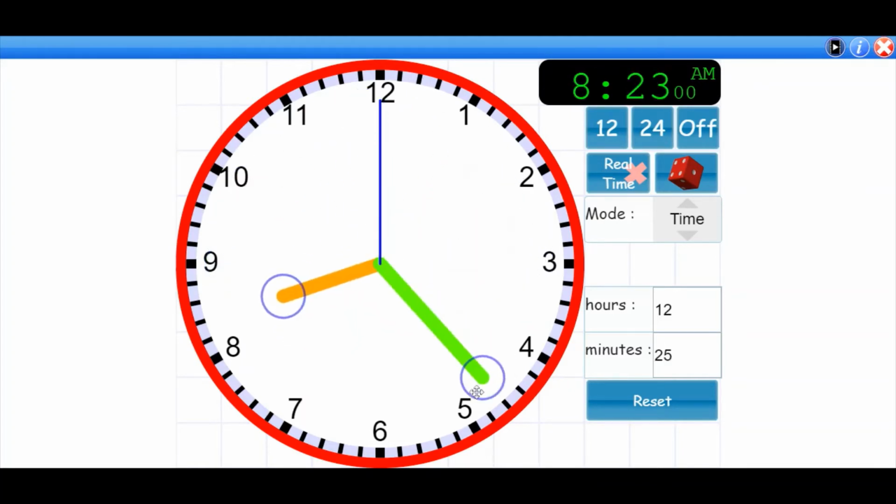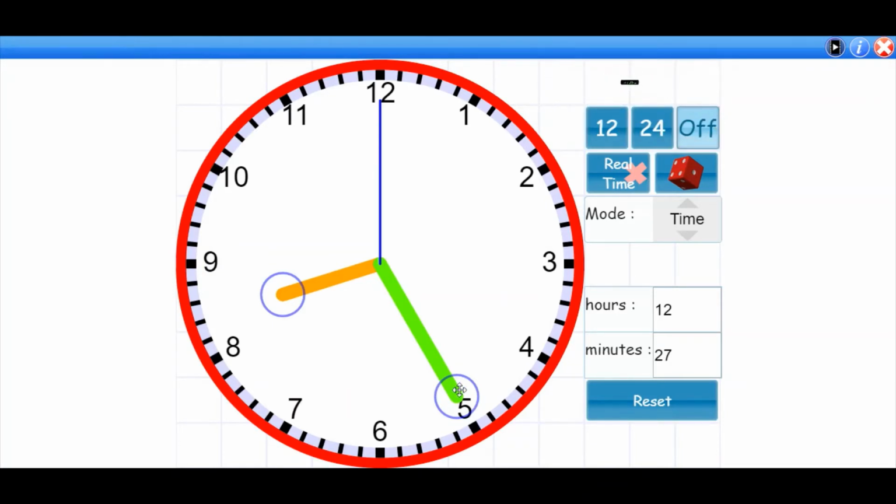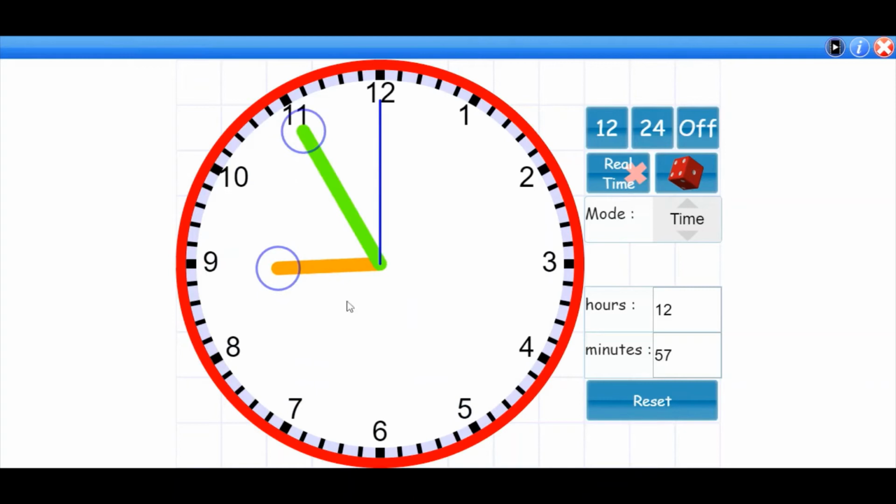So this would be 8:25 in the hour of 8, 25 minutes past. What would this one be? So we're still within the hour of 8.